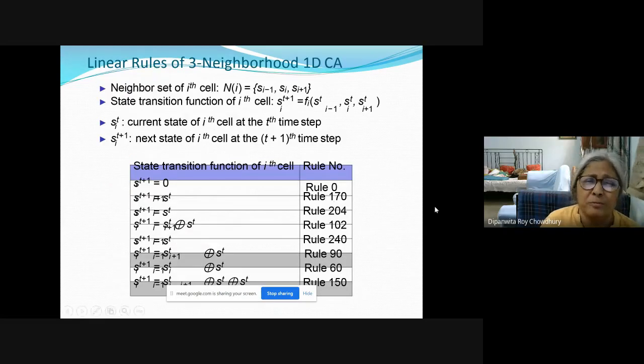Now, the linear rules. We have taken the maximum length linear here, so I'm not explaining this part, it is well known. We have used only three-neighborhood linear rules, with a combination of rules 90 and 150 universally, but you can take different rules.